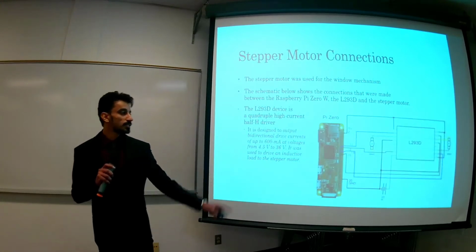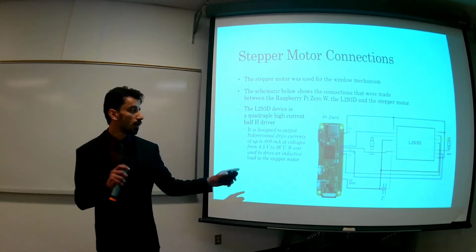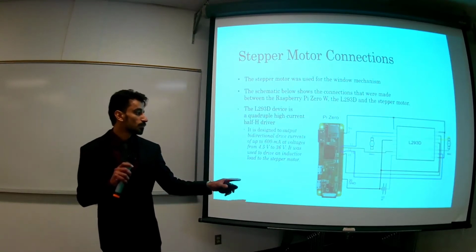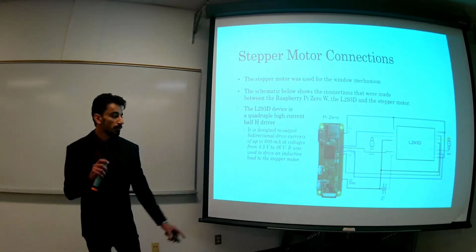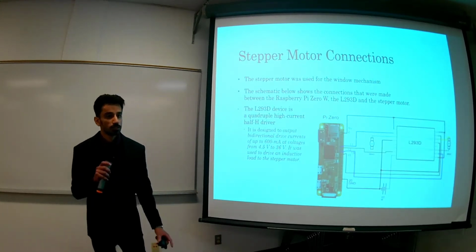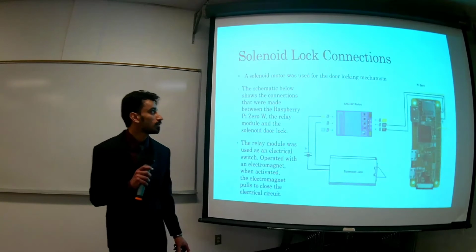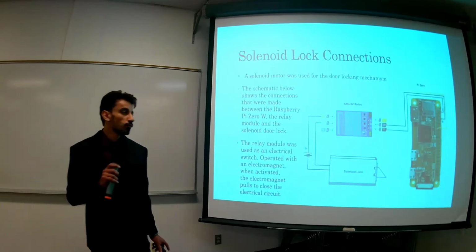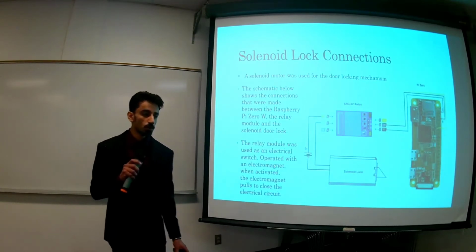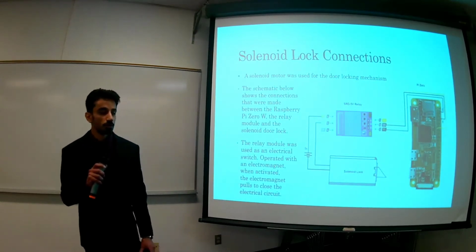And here you can see how we connect the Pi to the driver chips and the motors. And also we add a 9 volt power supply to support the motor when it's moving. Also, for the door, we use a solenoid to lock and unlock the door.